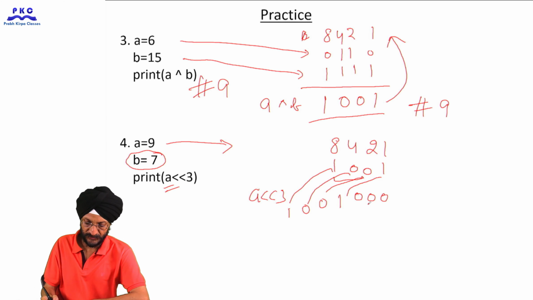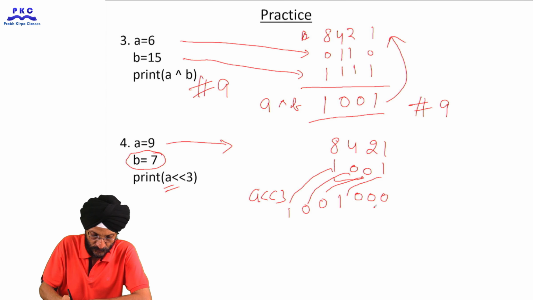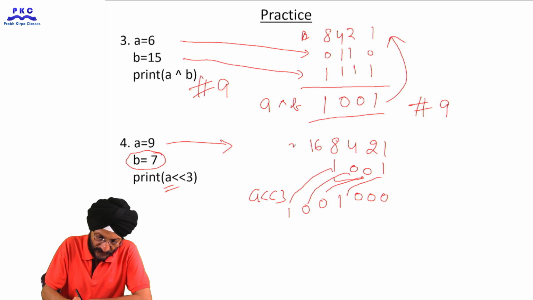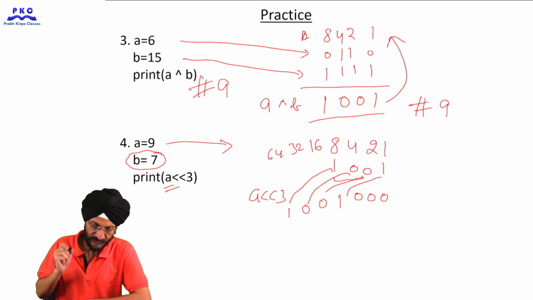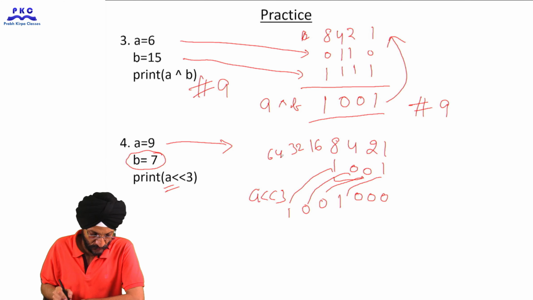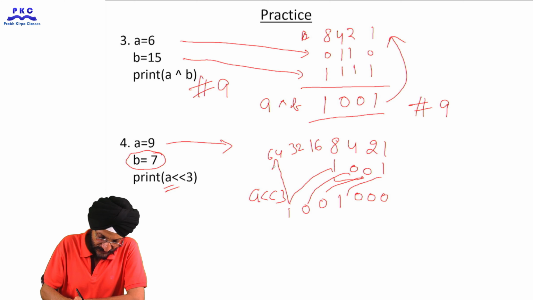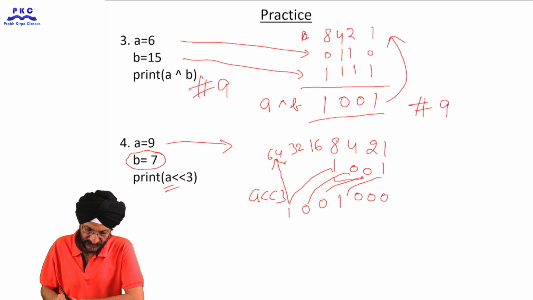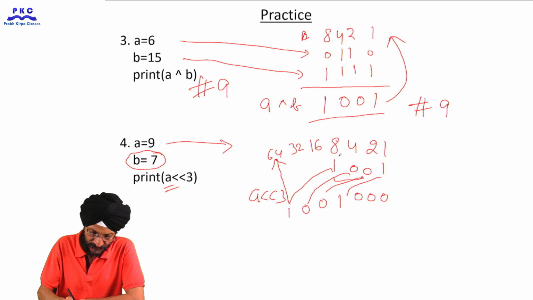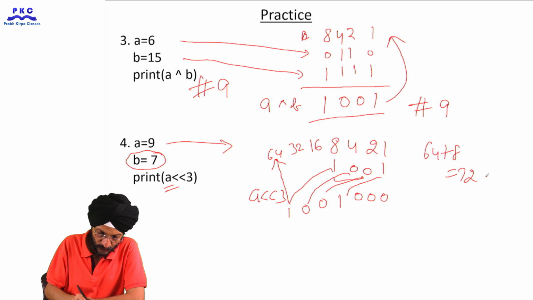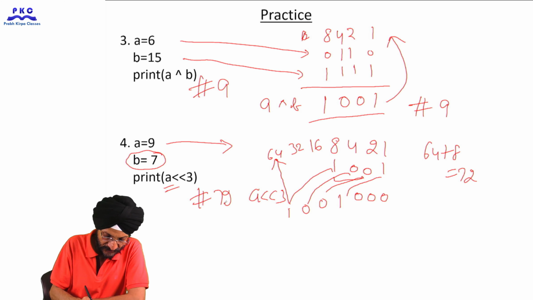So this is the position: 1 0 0 1 0 0 0. Now we will increase these place values by 3. So now we will add these. The first one represents 64 and this one represents 8. 64 plus 8 is 72. So the output will be 72.